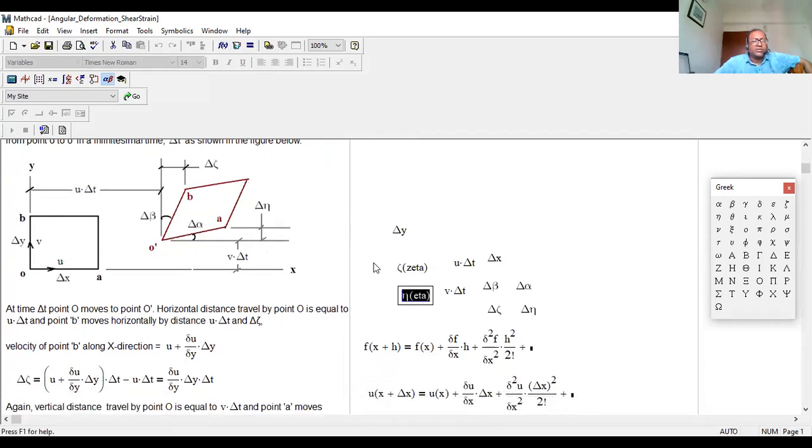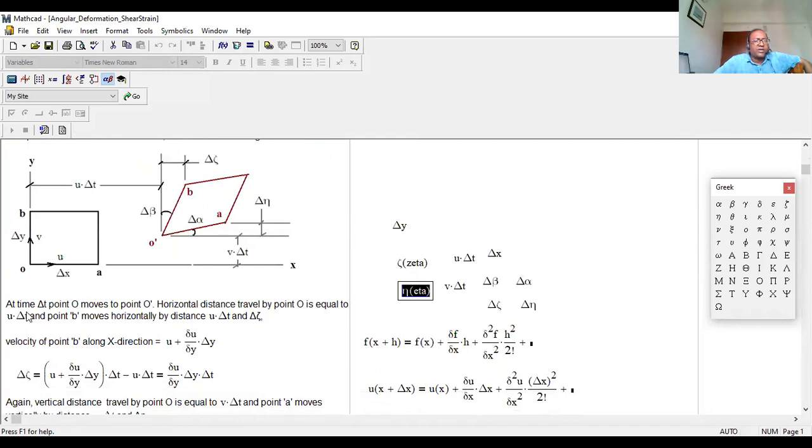At time delta t, point O moves to O prime. The horizontal distance traveled by point O will be equal to the x velocity into delta t.